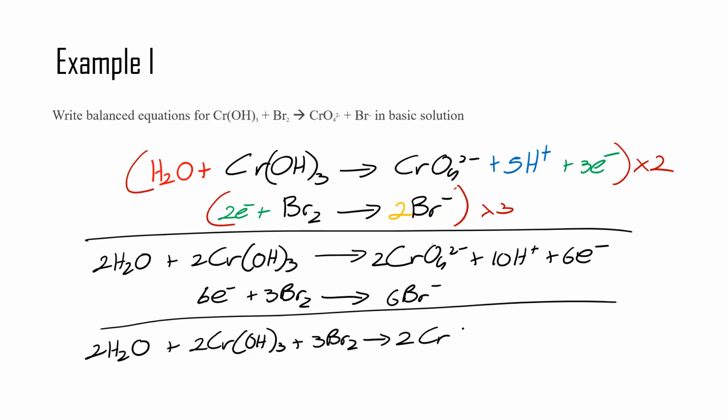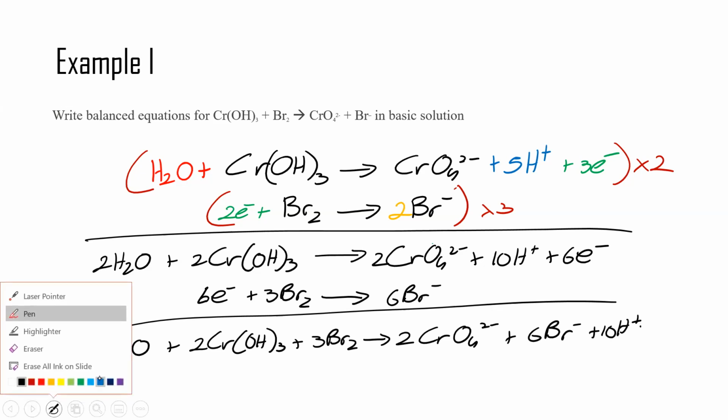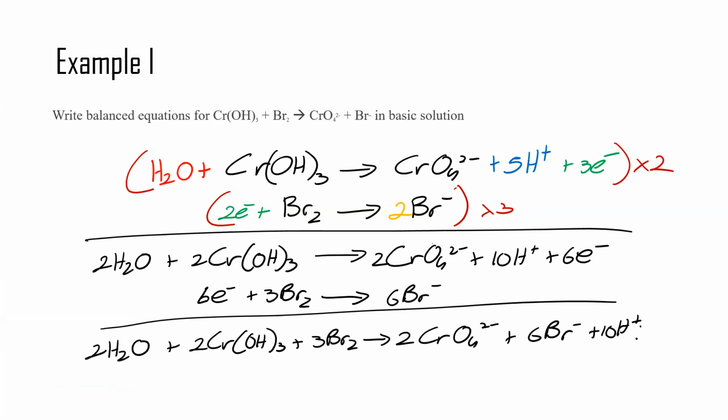Realize I immediately cancel the electrons because I know they will cancel out. But here, we need to note that we've got H pluses, so we'll add 10 OH- on both sides.